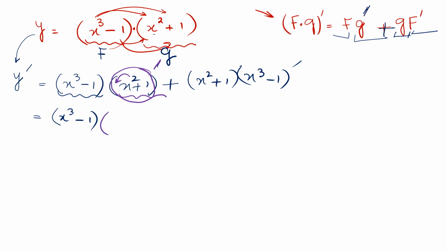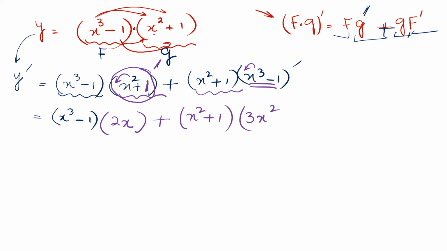The derivative of x squared is 2x, and the derivative of 1 is 0, so no need to write the 0. Plus here you don't have any prime on this function, so you just write this as it is. And now take the derivative of x cube minus 1. For x cube, you take the derivative by writing 3x squared, and the derivative of 1 is 0.